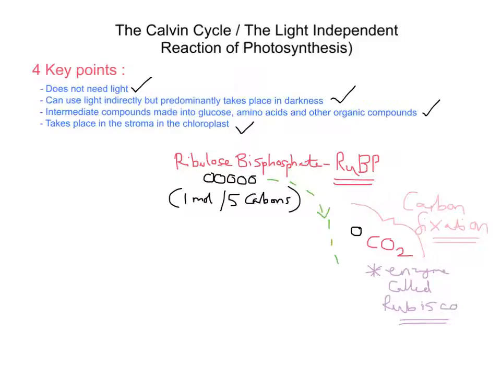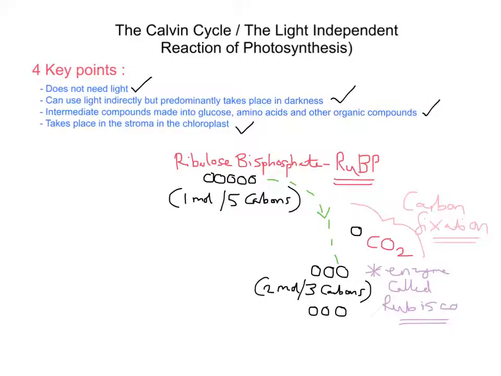So what we end up with, when we've got that 5-carbon molecule with this one, would be 6 carbons. But rather than a 6-carbon molecule, what we actually have now are 2 molecules, each one with 3 carbons in.